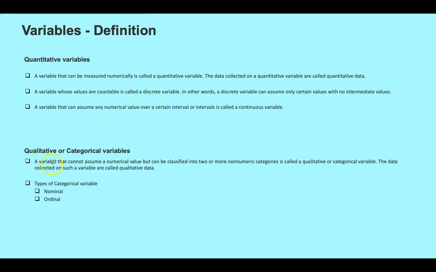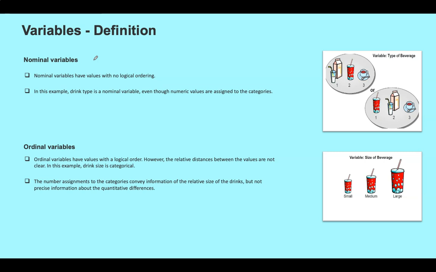A qualitative variable can be classified into two or more non-numeric categories, is called a categorical variable, and the data collected on such a variable is called qualitative data. Quantitative variables are further divided into discrete and continuous, as I discussed, and qualitative variables are divided into nominal and ordinal.